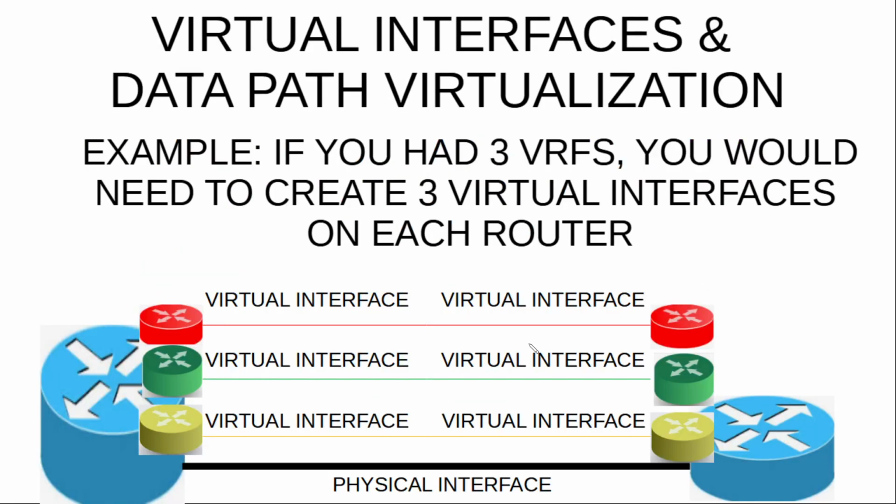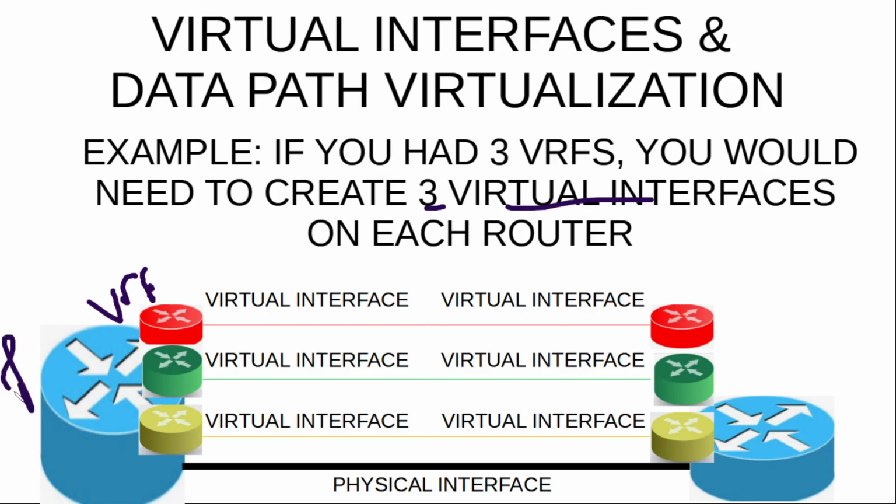So, for instance, this is the basic idea behind VRF Lite and data path virtualization with VRF Lite. You are creating these VRFs here: VRF red, VRF green, VRF yellow, and we are going to consider these VRF Lite VRFs. Now, in this case, if you have three VRFs, you will need to create three virtual interfaces on each router.